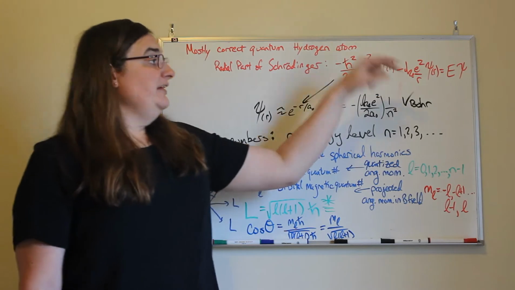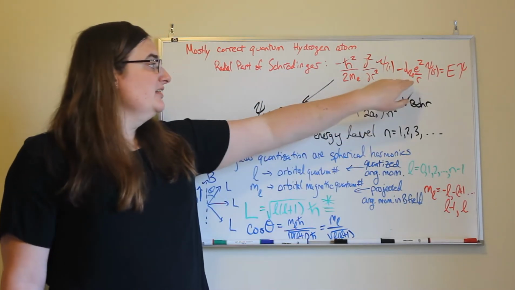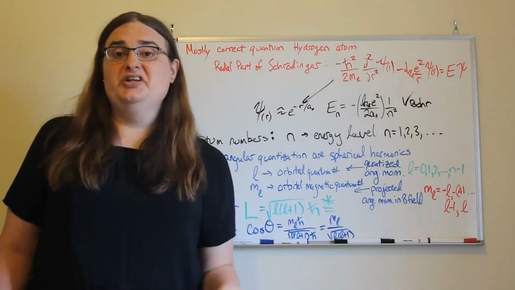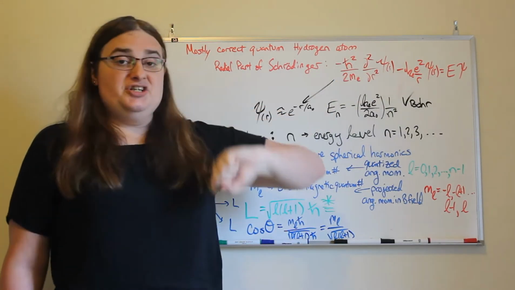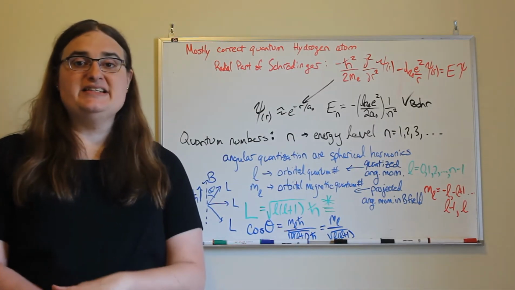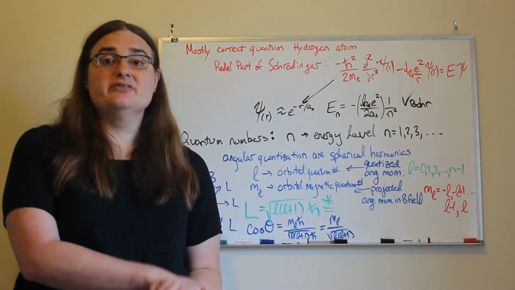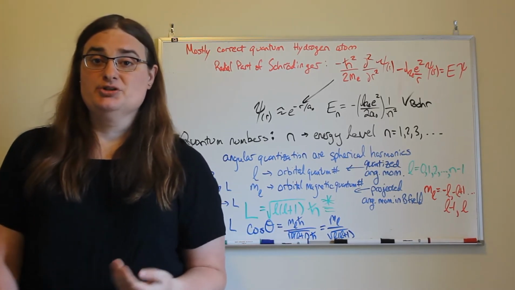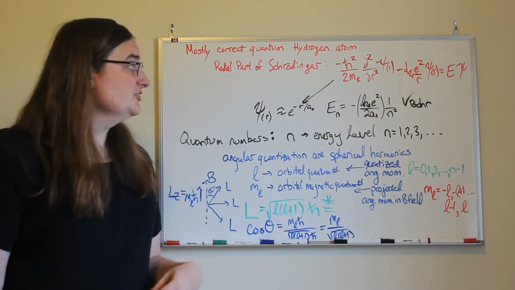And it's important to note here that the radial coordinates and the angular coordinates describing the wave function for those electrons are totally separable, just like time is separable from space in most of the quantum applications we're talking about, what we call time-independent wave functions.